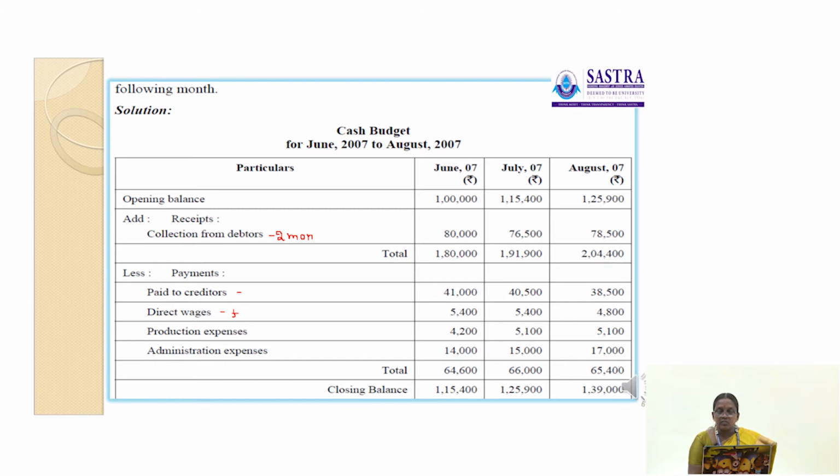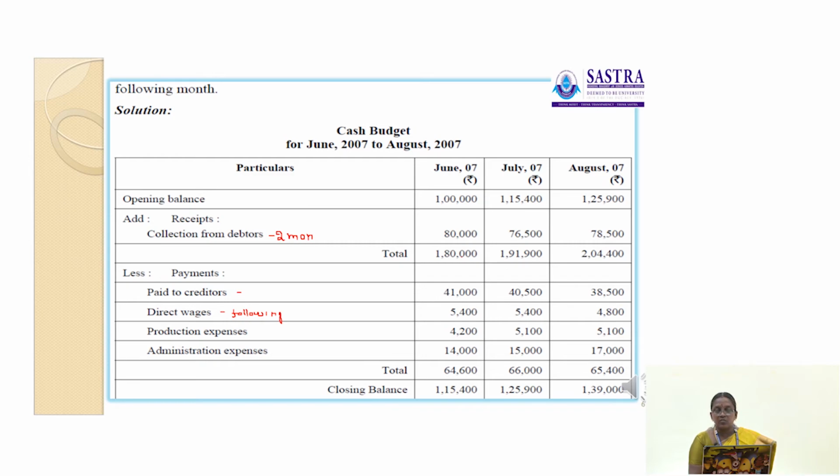Then direct wages rupees 5,400 in the month of June, which is paid only in the month of July. 4,800 is made in July, which is paid in the month of August. Okay. So, expenses are paid only in the following month. Then similarly production expenses and also administration expenses.